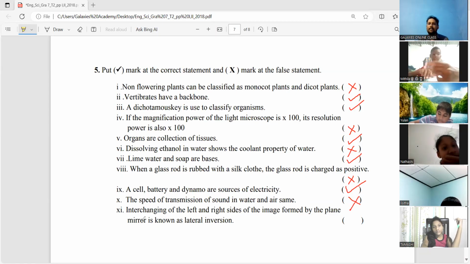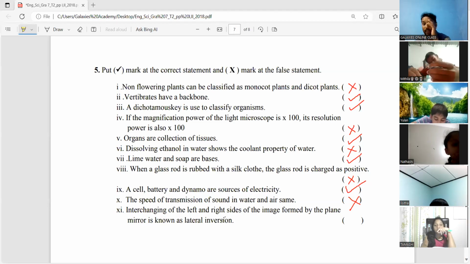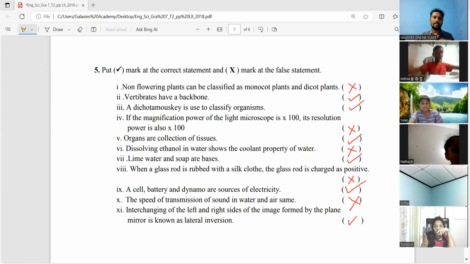Incorrect. Interchanging the left and right side of the image formed by a plane mirror is known as lateral inversion. Correct. Okay, now I discussed the first 5 questions of this paper.